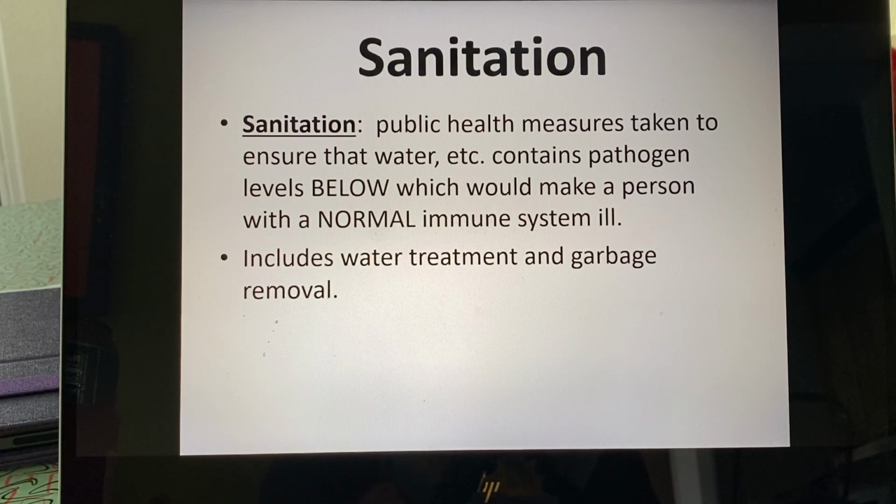It doesn't mean that it's free of pathogens. What it means is that the level of pathogens is being kept below a level where they would actually affect you. So your tap water is certainly not sterile. Sanitation includes things like a water treatment plant.